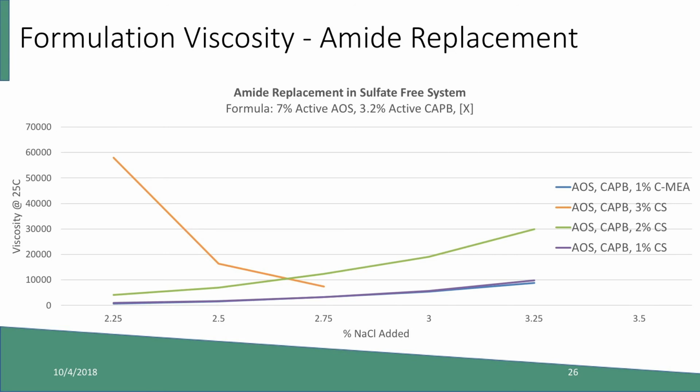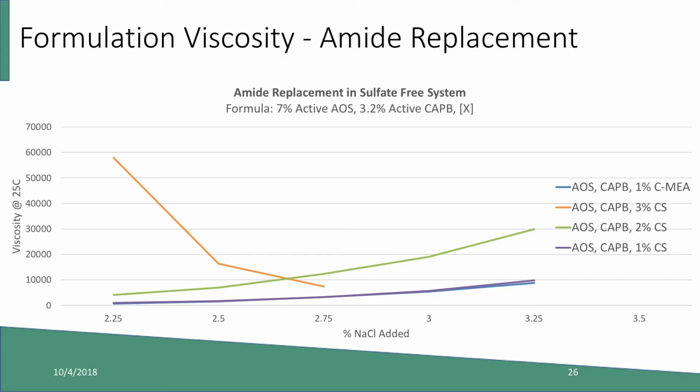Some of the best interactions we saw as far as formulation viscosity goes is with the AOS. So if you take a 7% active AOS, 3.2% active betaine, and then have your CS at whatever concentration you want, you can really get some great interaction. As you can see, this orange line on the left is with a 3% amphoteric sulfonate, and it just blew the viscosity out of the water.